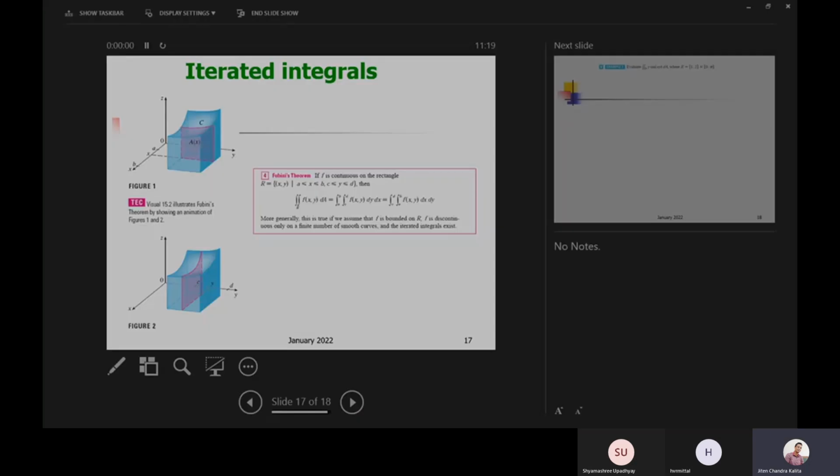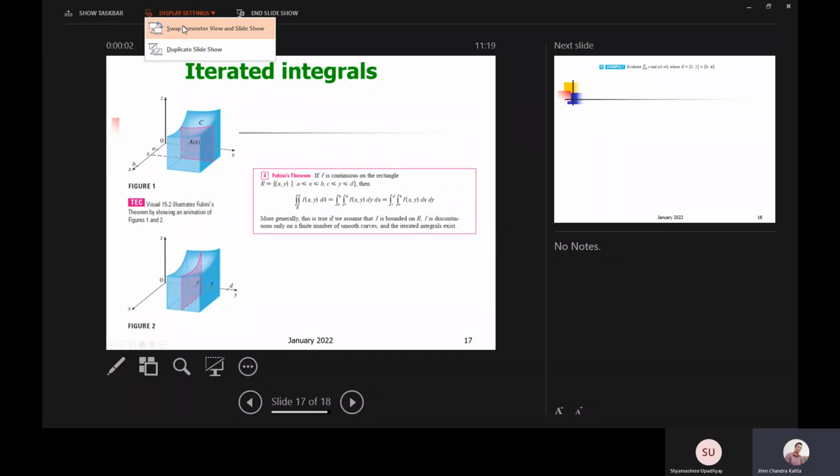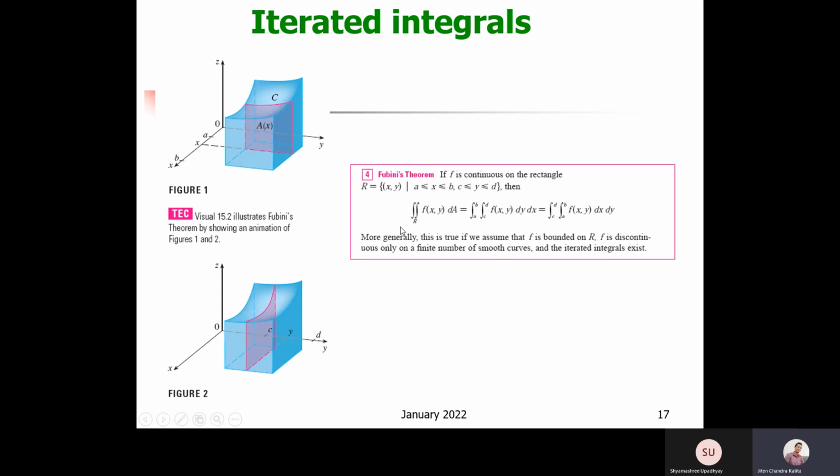Yes. So this is Fubini's theorem. If f is continuous on the rectangle R given by this, then the integral of f over the rectangle R you can simply write either like this or like this.